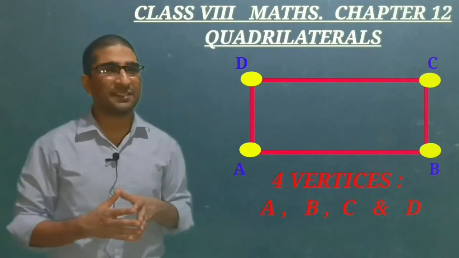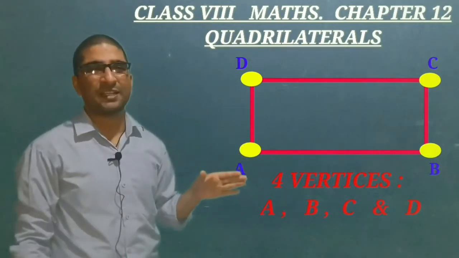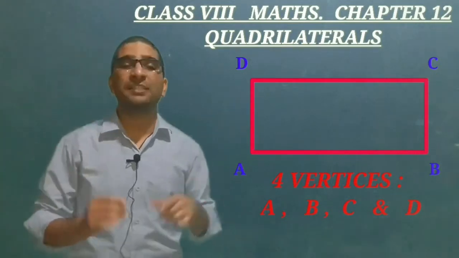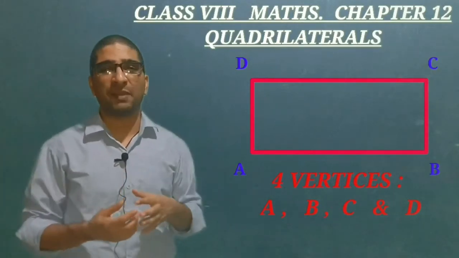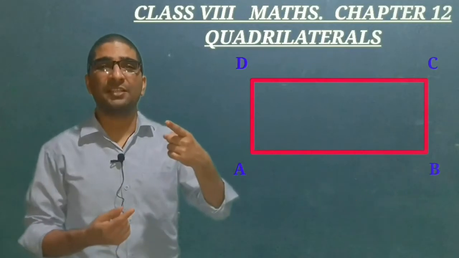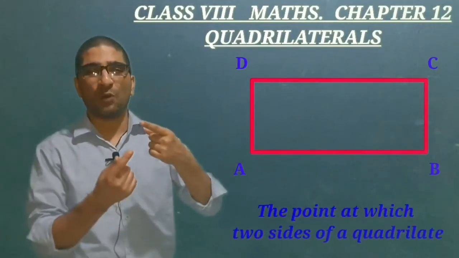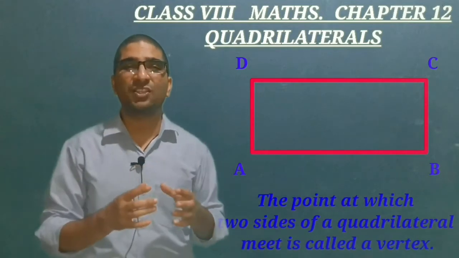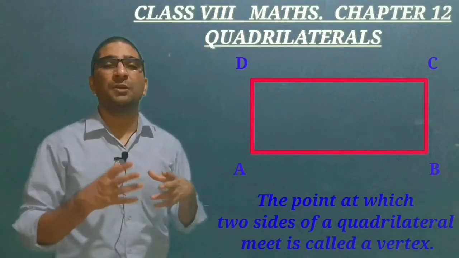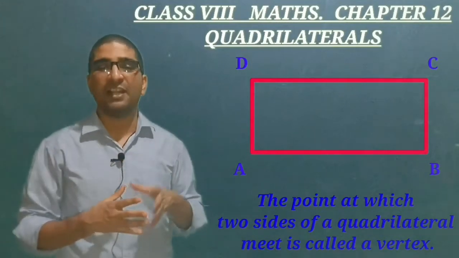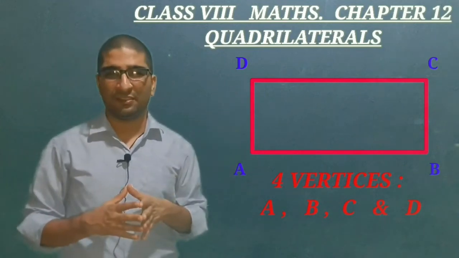A is a vertex, the point B is another vertex, C is a vertex, D is a vertex. Vertex means the point at which 2 line segments or 2 sides meet. The point at which 2 sides of a quadrilateral meet is called a vertex. So we have 4 vertices in a quadrilateral, that is A, B, C and D.